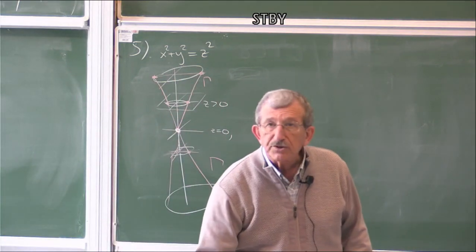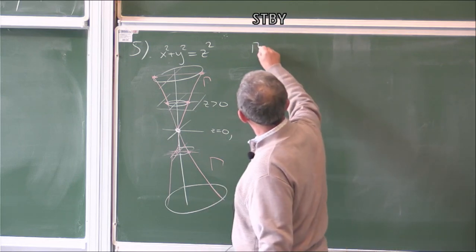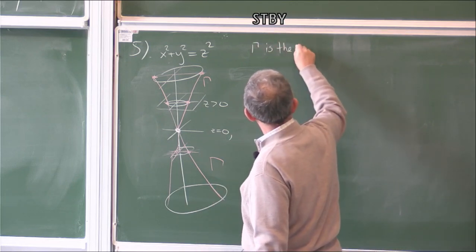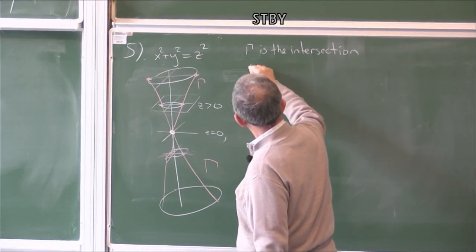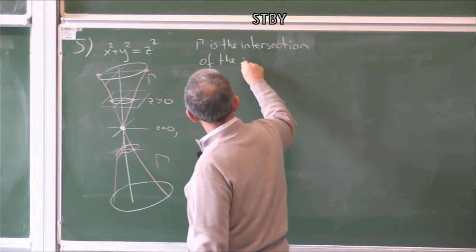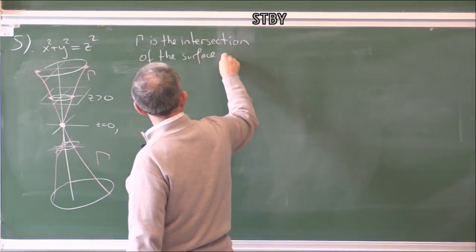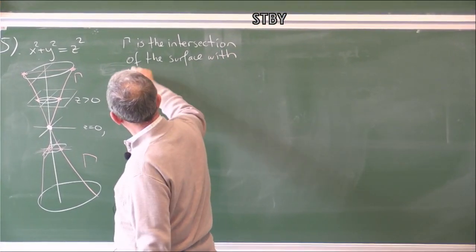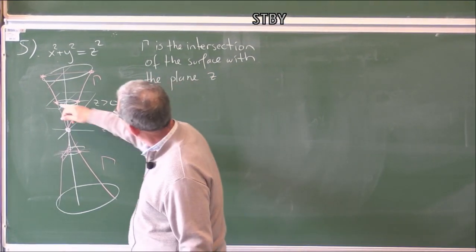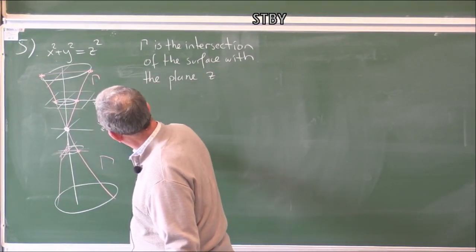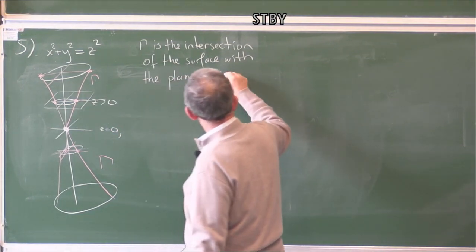Gamma is the intersection of the surface with the plane z, this was the x-axis, so with the zx plane.